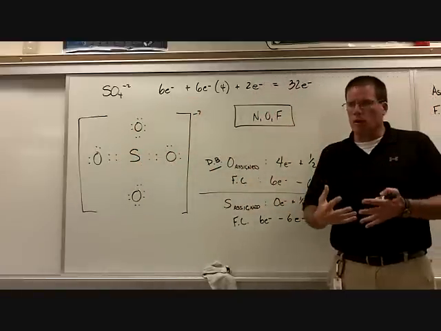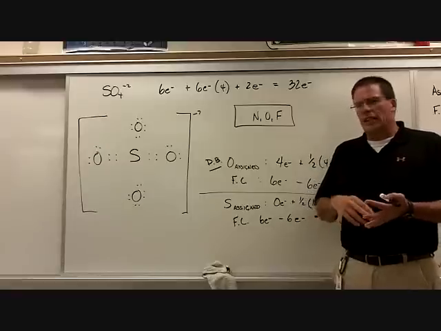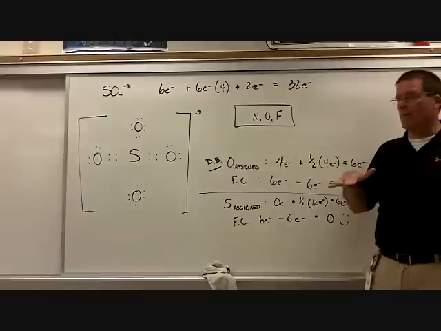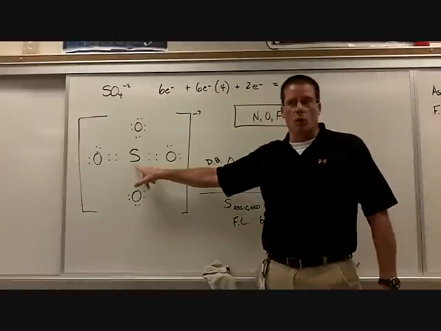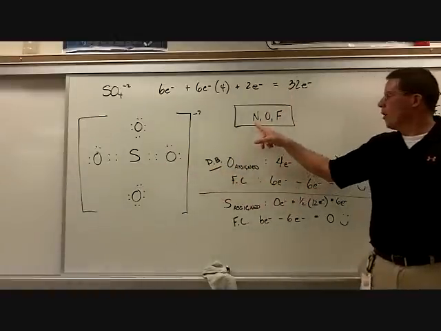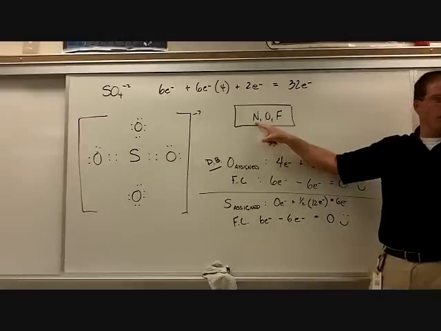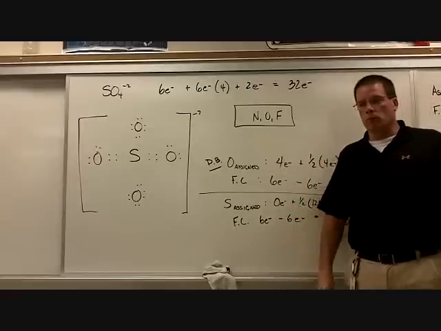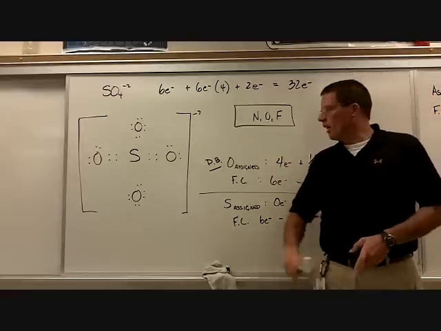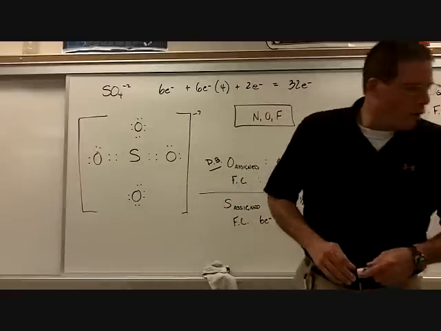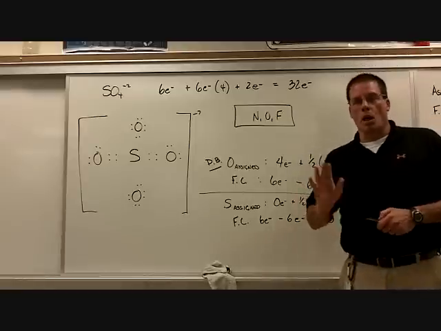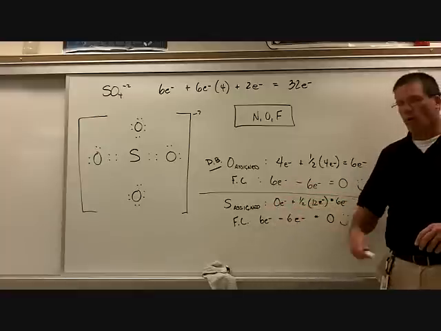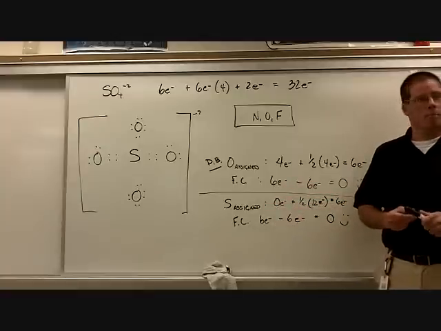But if you do your formal charge calculation and go, oh, to get this to work, I'm going to have to violate the octet rule for nitrogen, oxygen, and fluorine, we can with sulfur because we have d orbitals. These guys, no. So if you see nitrogen or oxygen or fluorine as a central atom, you should go, I've got to look at this really carefully. If you've got sulfur, phosphorus, chlorine, all those other non-metals below the second row, you're golden. Okay? And just do a formal charge calculation as well.